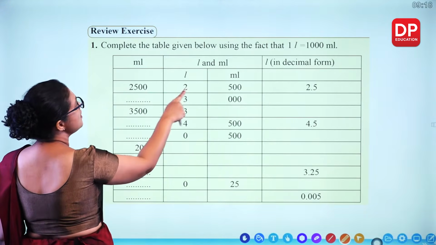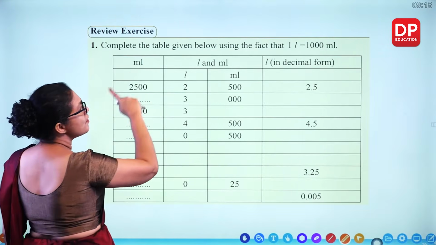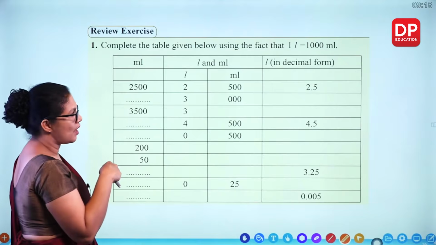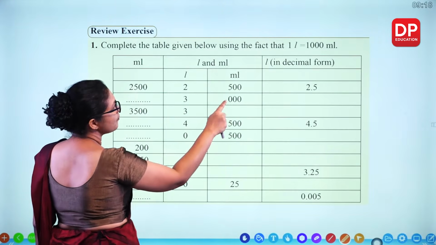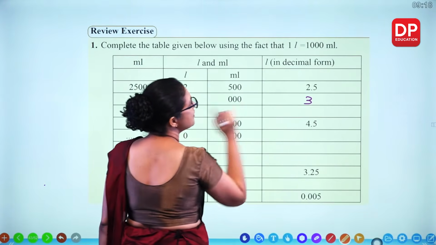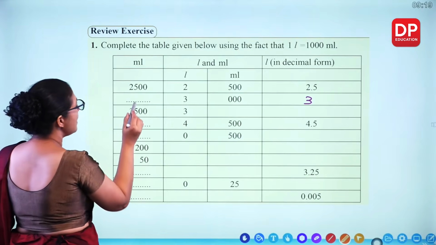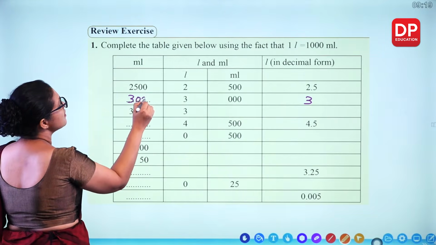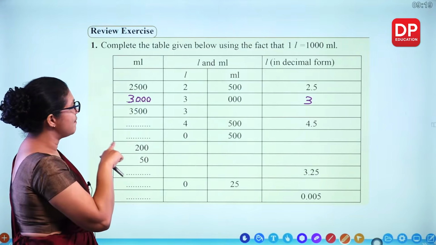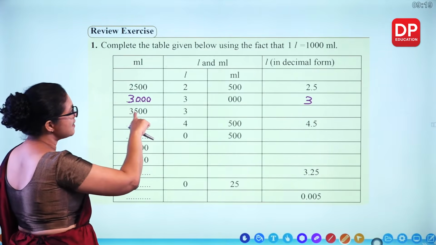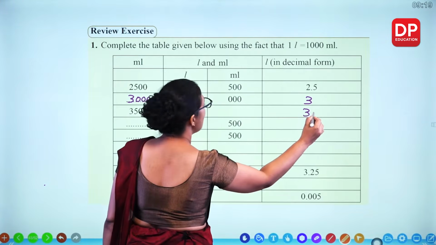2500 milliliters means 2 liters and 500 milliliters. How you convert to liters? Divide by 1000. This one 3 liters there. That means here 3. So how you convert to milliliters? Multiply by 1000. 3000. This one milliliters given. How you convert to liters? Divide by 1000. 3.5.